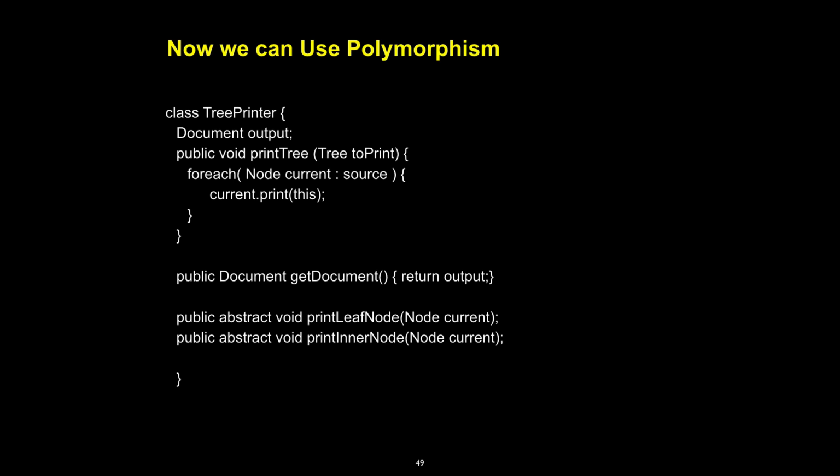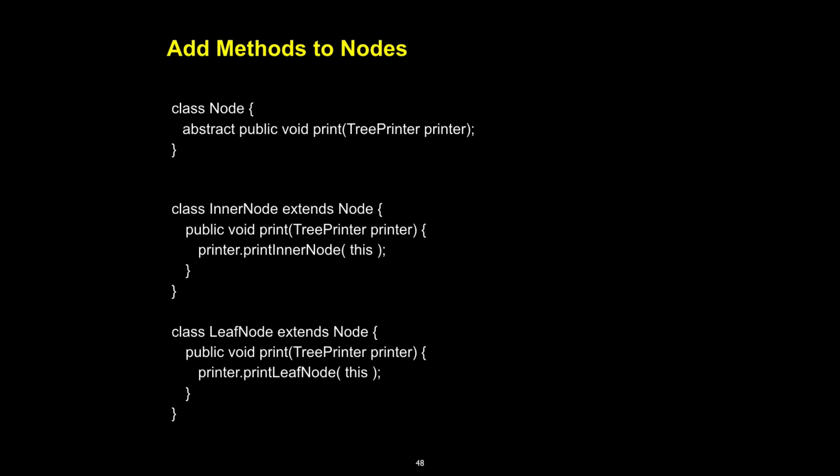Well, but when we call this inner node, right, we're determining at runtime the actual class of that printer. So we are actually specifying which operation based upon the type of the node we're visiting and the type of the visitor.